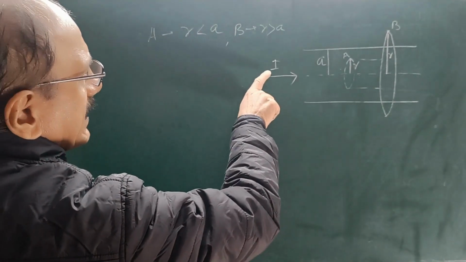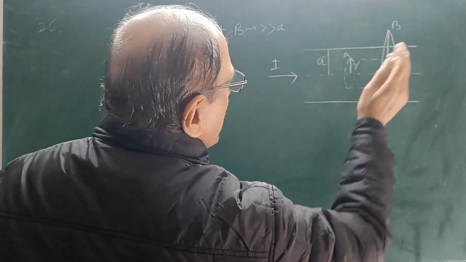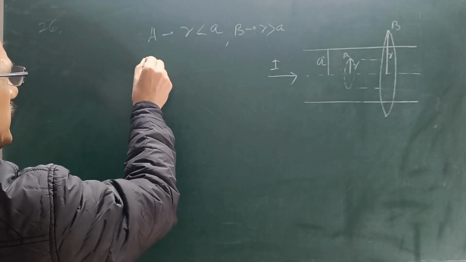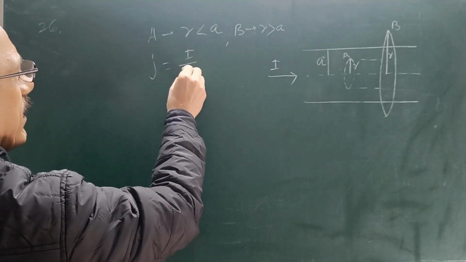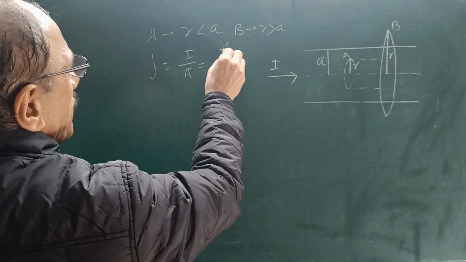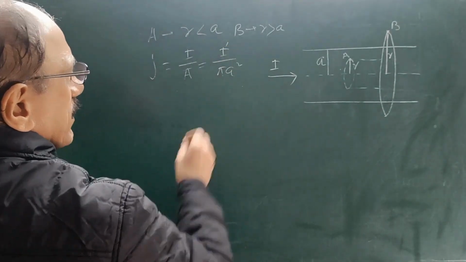Now here, as this current is uniformly distributed, the current density J will be equal to current upon area, that is I upon pi A square.